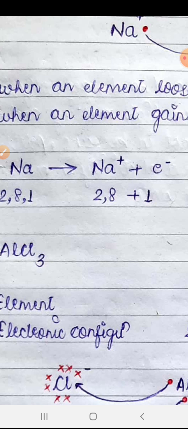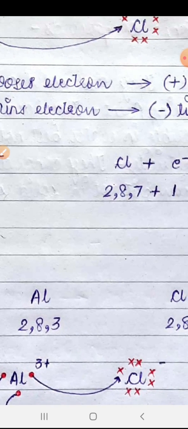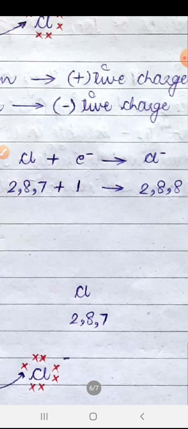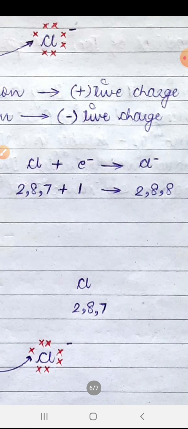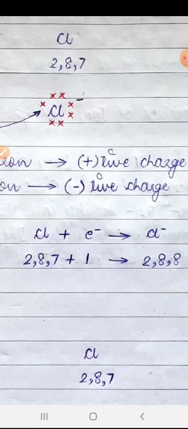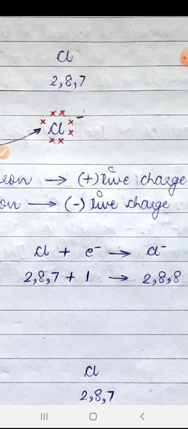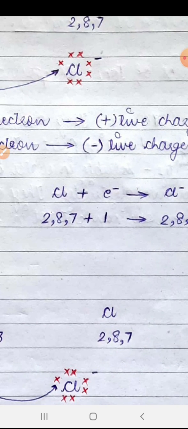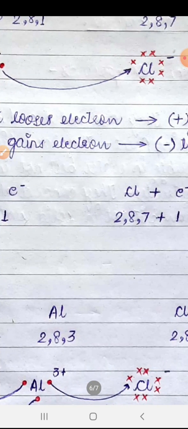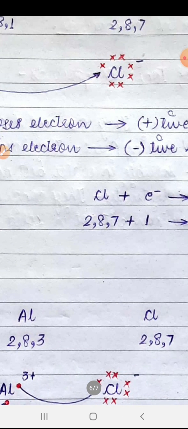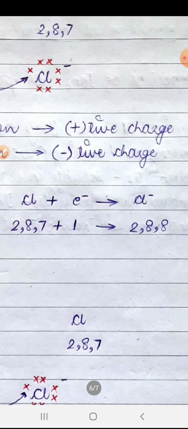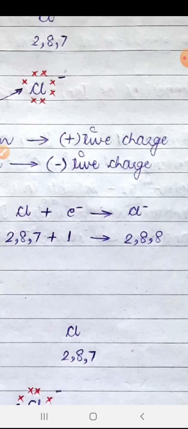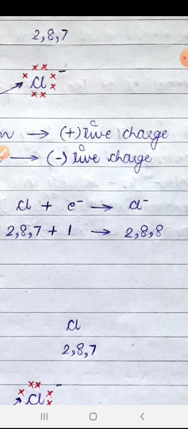Now in case of chlorine, chlorine has the electronic configuration of 2, 8, 7. But when it gains one electron from sodium, a chloride anion is formed and the electronic configuration is 2, 8, 8.